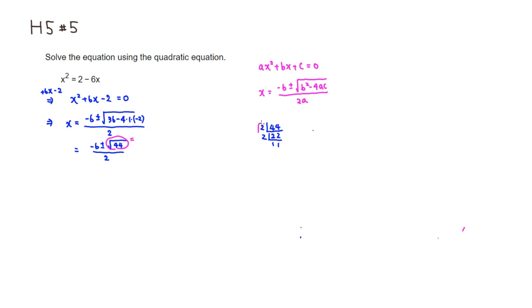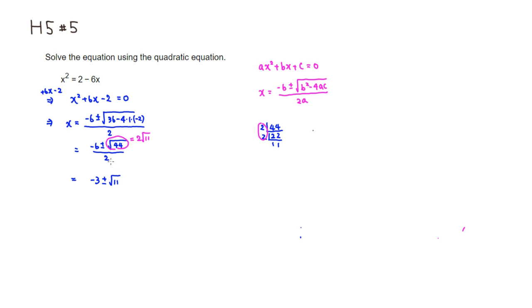Once you have a pair of numbers, we can pull one of them out, and then you have the square root of 11. So we can rewrite this: -6 divided by 2 would be -3, plus or minus 2 square root of 11 divided by 2. The 2s cancel out, so it's the square root of 11.